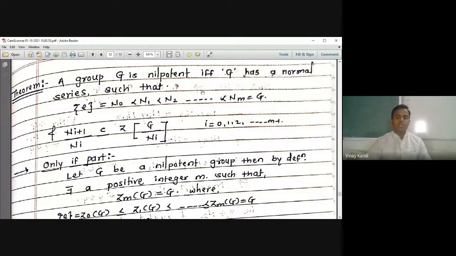We have to prove this statement, if and only if. Assuming the first one is correct, we have to prove this. And in the second part, assuming the second part is correct, we have to prove that G is a nilpotent group.